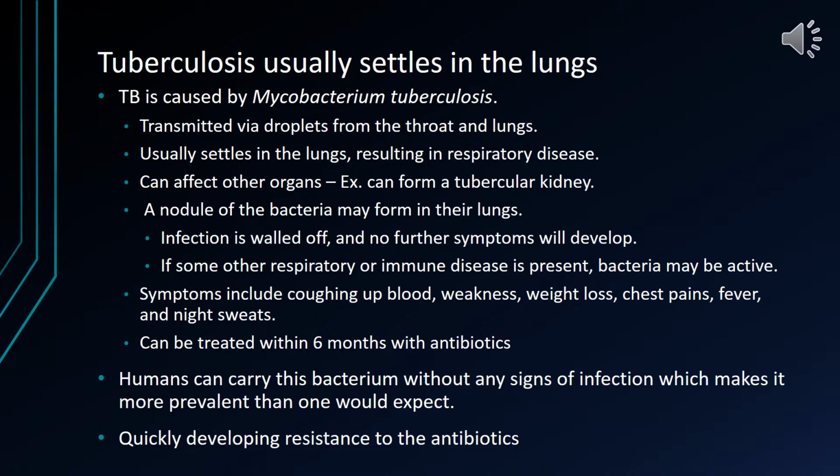And the symptoms of tuberculosis include coughing up blood, general weakness, weight loss, chest pains, fever, and night sweats. However, tuberculosis can be treated within 6 months with antibiotics. However, humans can actually carry this bacterium without any signs of infection, which makes it a much more prevalent disease than you would expect. And unfortunately, tuberculosis is quickly developing a resistance to antibiotics, so that's not good.